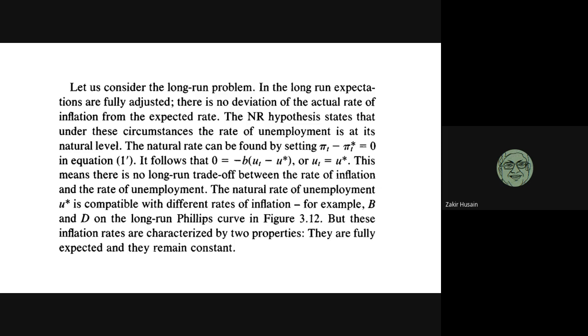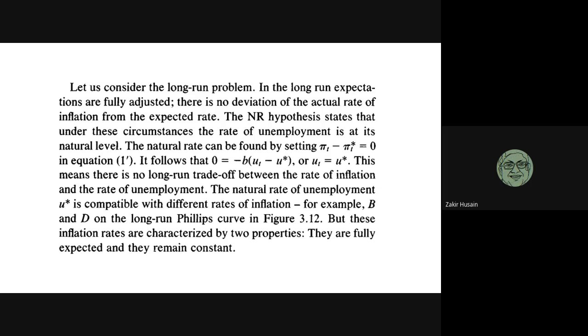There's no difference between the actual rate of inflation and the expected rate. Pi star is equal to pi. Okay. There are no errors. So we don't revise our expectations. The natural rate hypothesis states that if there's no error in my expectations, the rate of unemployment will be at the natural rate, U star.